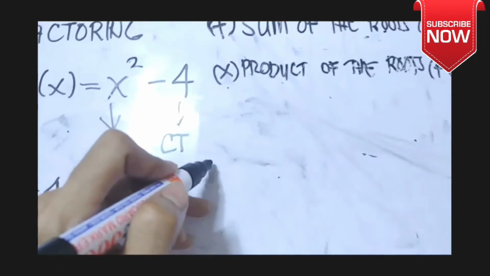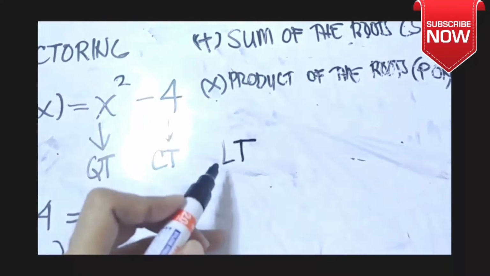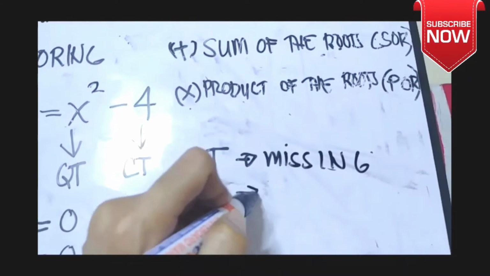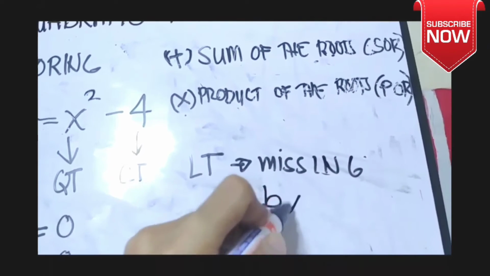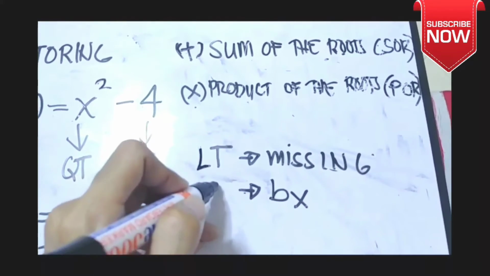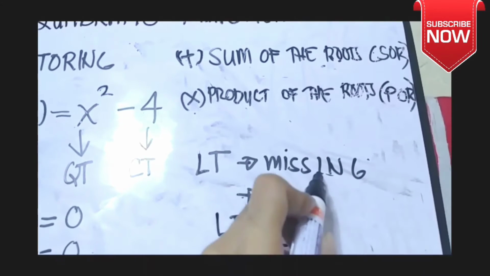Ngayon, i-discuss muna natin si linear term na missing, okay? Since linear term that is missing, and that is the bx, always take note, linear term is always equal to 0 if it is missing.